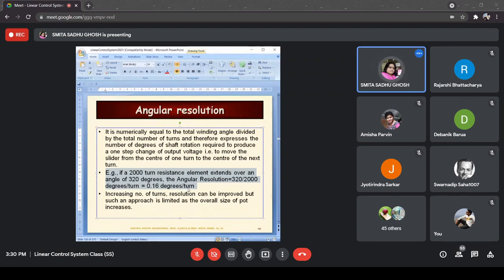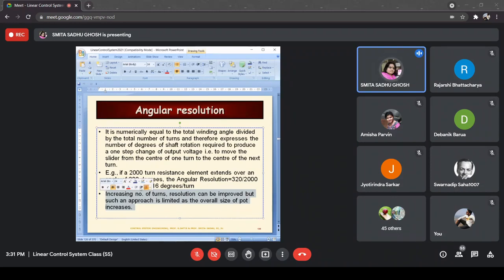So for this definition, not only the number of turns is of importance, but the angular span of the resistive element also has to be taken into account. Now, if we want to increase the angular resolution, how can we do it?